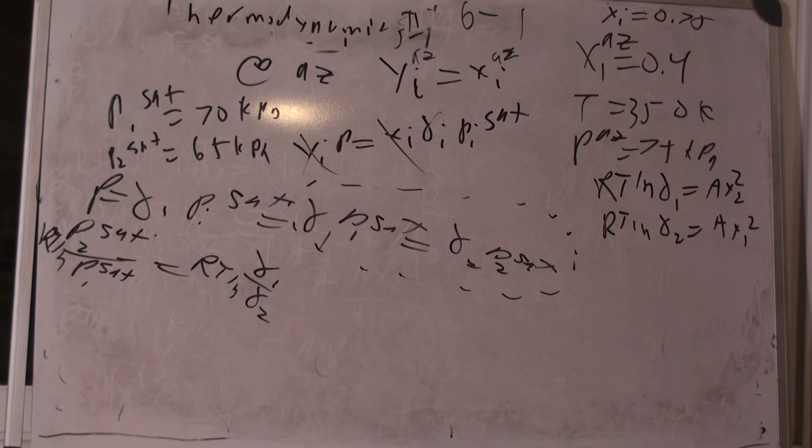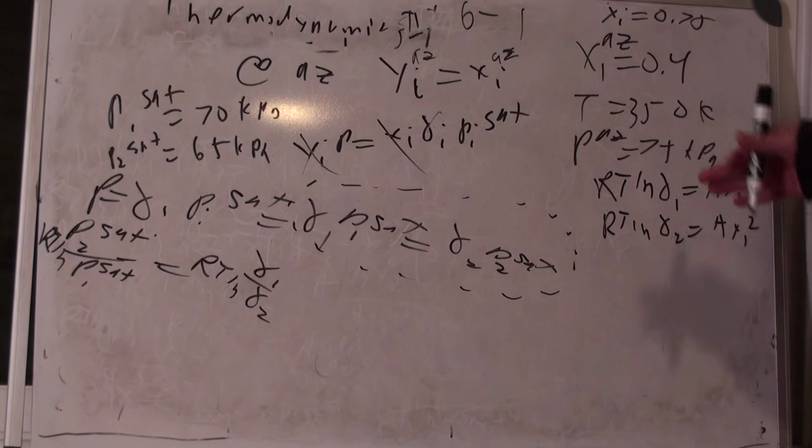It depends upon who you ask. We're using Koretsky's thermodynamics book, and this is how it's done in Koretsky. Other books like Smith, Van Ness, and Abbott, I'm not sure who else, are going to absorb the RTs into the A's.